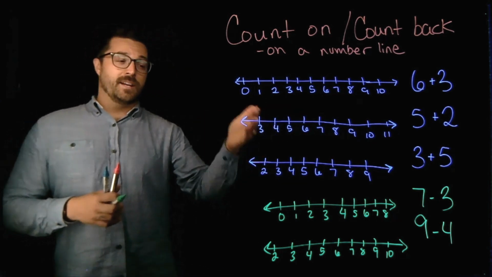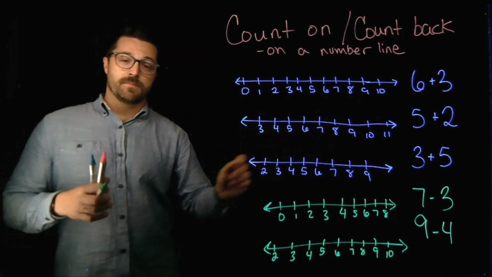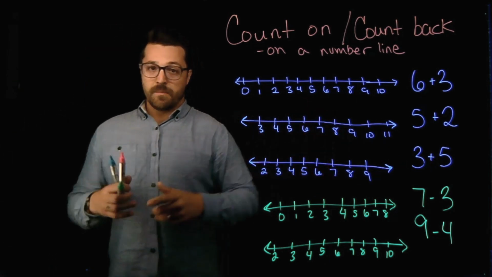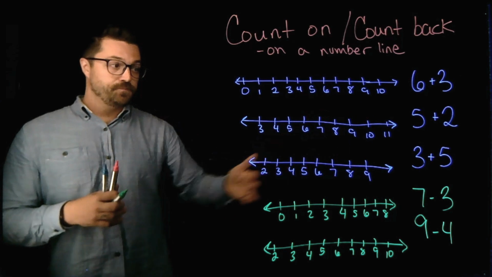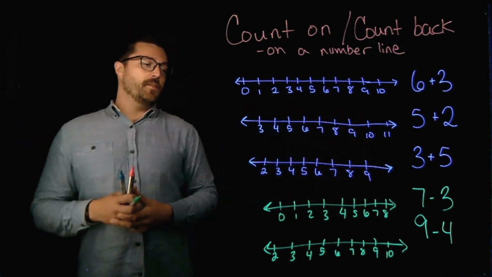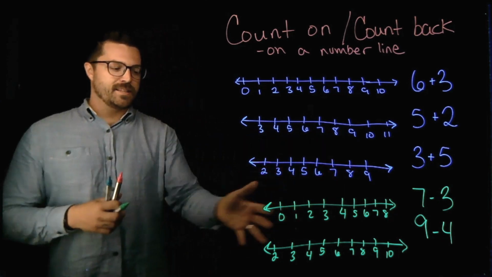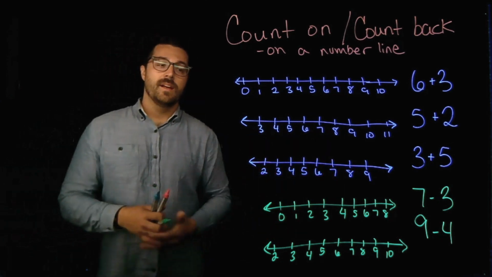But the second one, I started at 3 and I went to 11, even though with addition and subtraction in kindergarten, according to the benchmarks, we don't go up to 11. 11 is a number they're familiar with, so it's okay to see that on the number line. This third one here, it goes from 2 to 9, and then these last 2 I have, they're different as well.